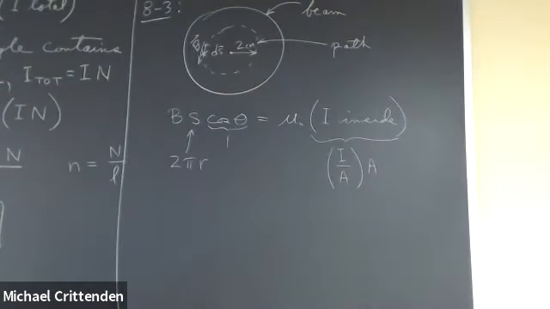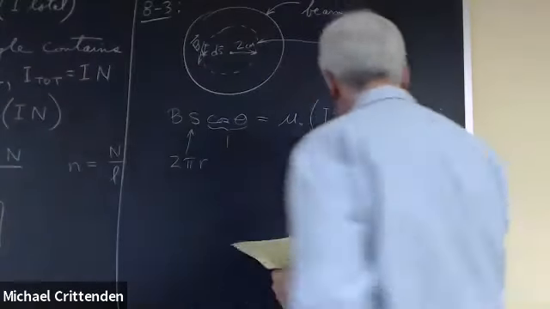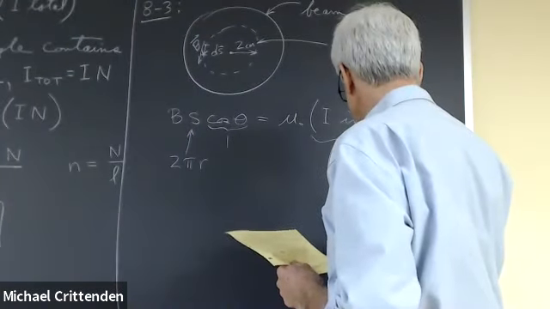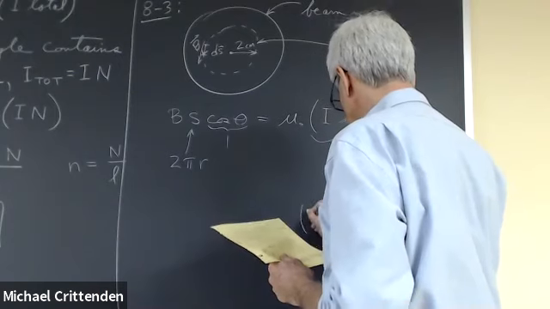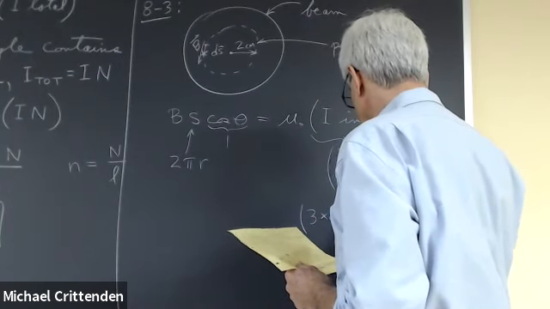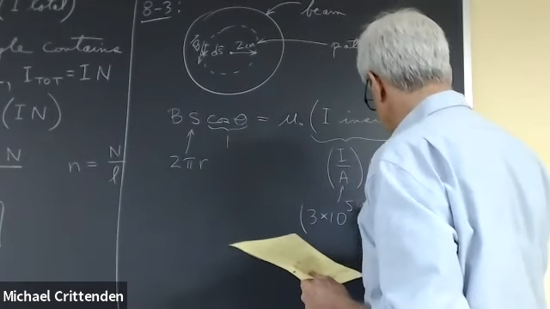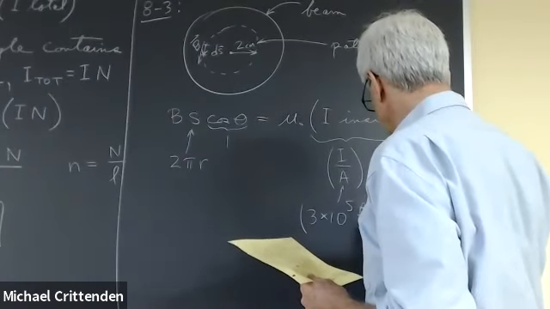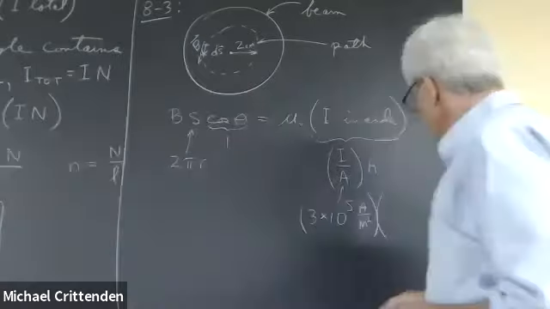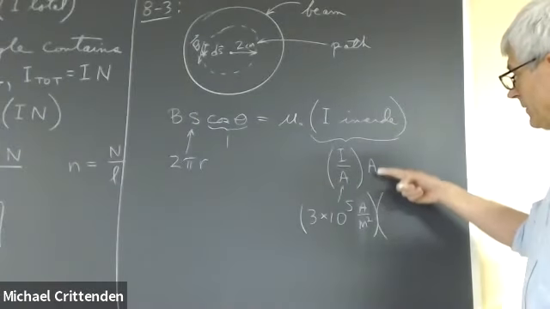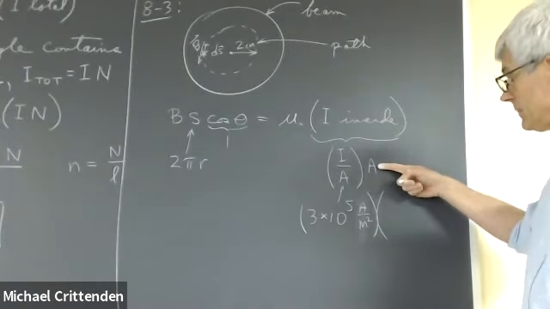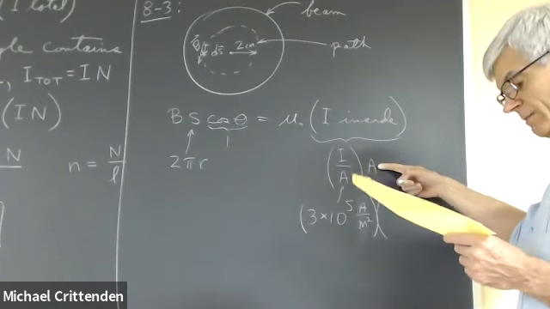The question gives me the current density, 3 times 10 to the 5th amps per square meter. So I've got a number to fill in for this. A for amps here, A for area there. Hopefully nobody's messed up by that.